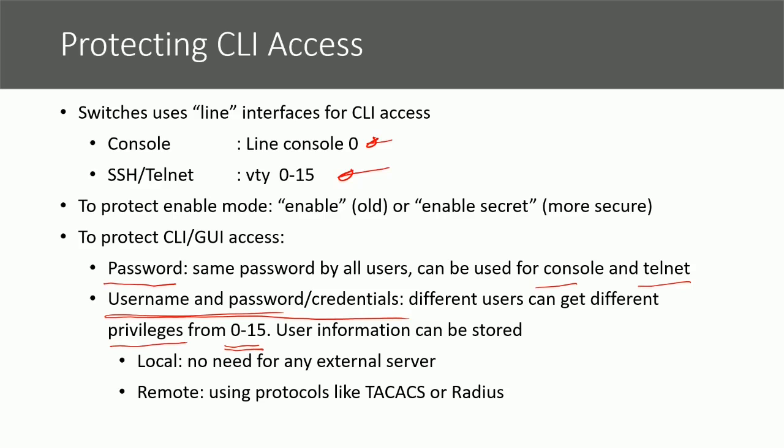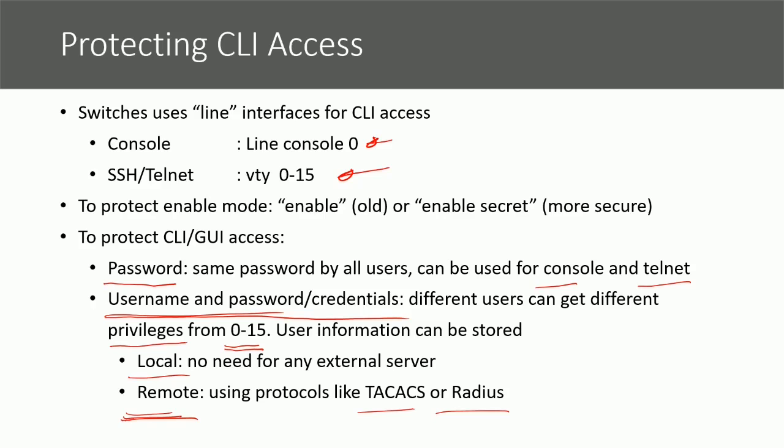User information, including usernames and passwords, can be stored locally in the switch. In this case, there is no need for any external server, but this is not scalable, and in many cases, a more secure way is needed to authenticate these users. The other option is to store user information remotely, and in this case, protocols like TACACS or Radius can be used to authenticate users and to assign them to different privilege levels.